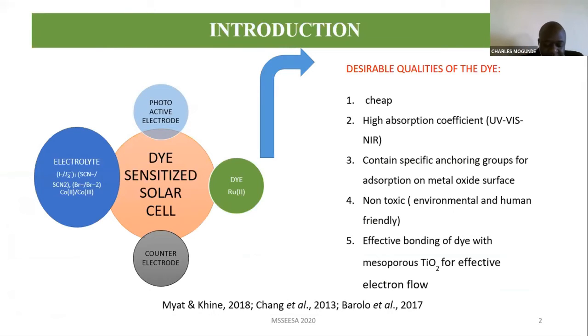Among them are a photoanode, an electrolyte, counter electrodes, and the dye. The main focus of this study was on the dye, which must have a wide absorption spectrum, able to absorb through UV, visible, and NIR, and also it must be cheap, that is cost effective, so it does not require synthesis processing, and also it must be environmentally friendly, meaning it's not toxic.